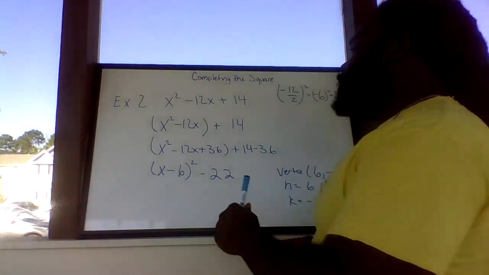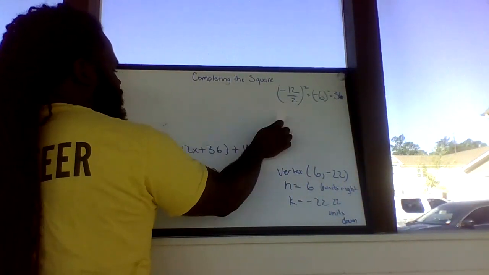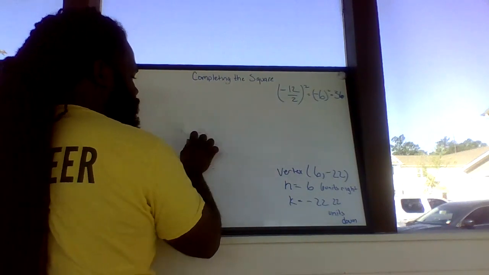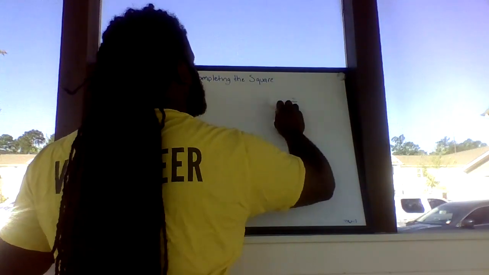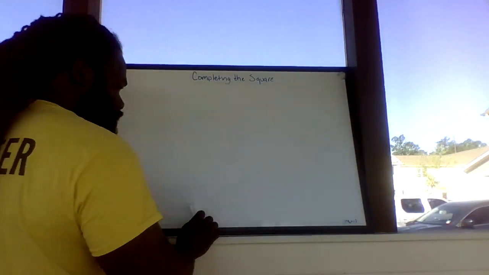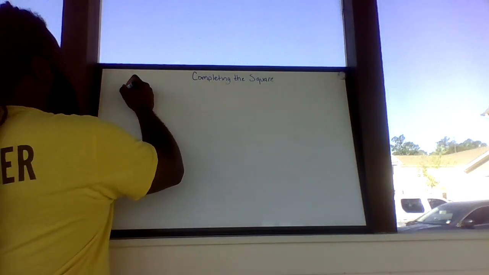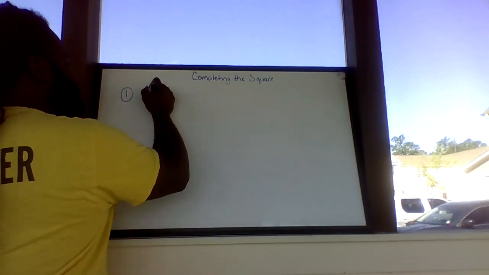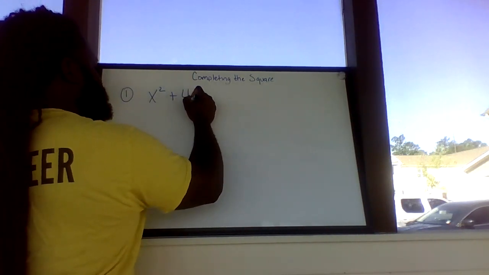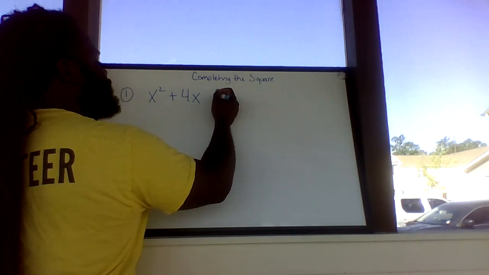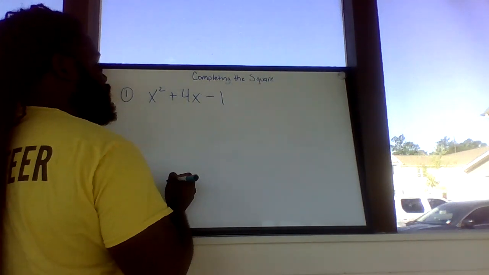All right, so what we are left with is our homework. All right, here's what our homework will be. Problem number 1 would be x squared plus 4x minus 1.